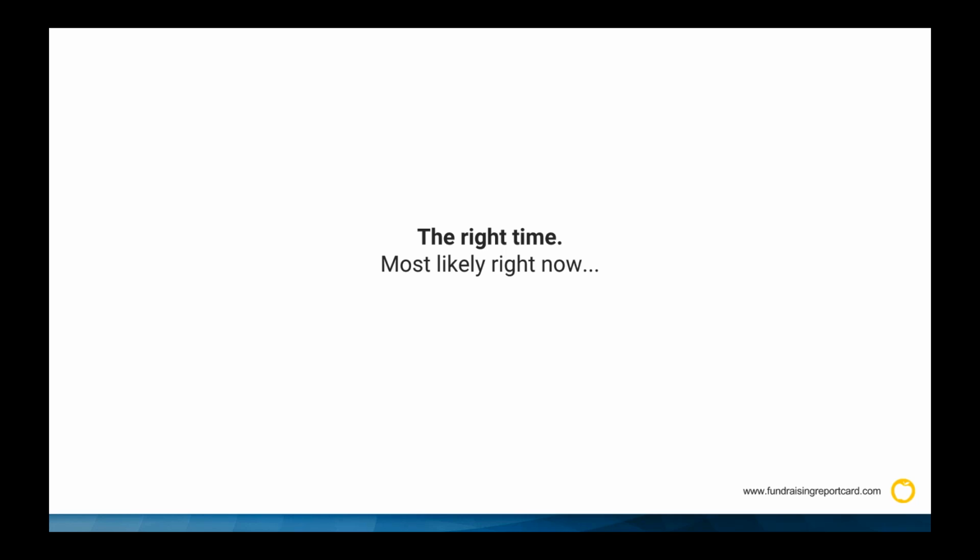So if you get posed the question about modifying an end-of-year giving campaign in November, that is not the right time to do a formal analysis on your end-of-year giving campaign, because all the other things that you have your hands involved in take precedence, right? You'll push that off. The right time for that will probably be March or February of the following year. But for relatively straightforward things, right now is most likely the right time.